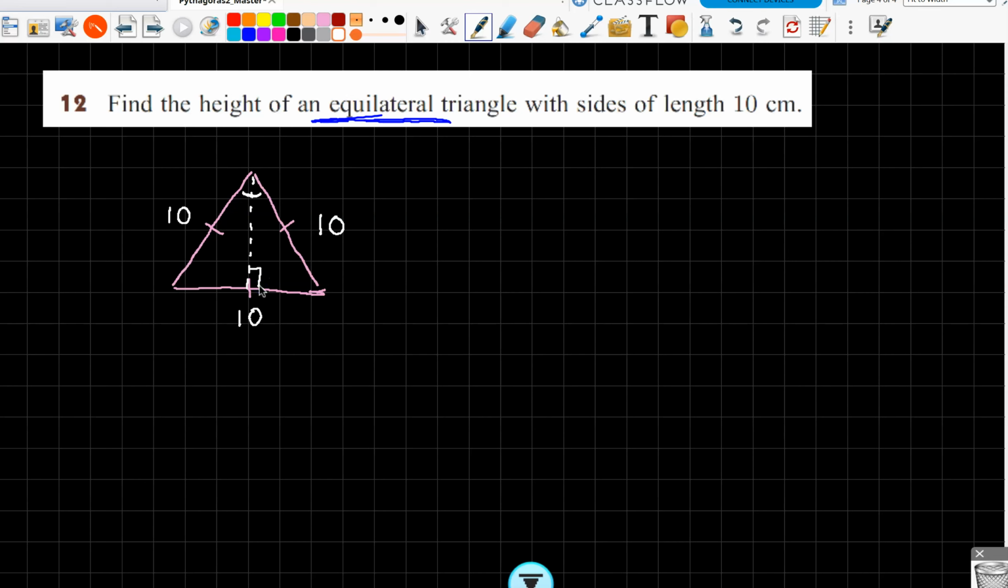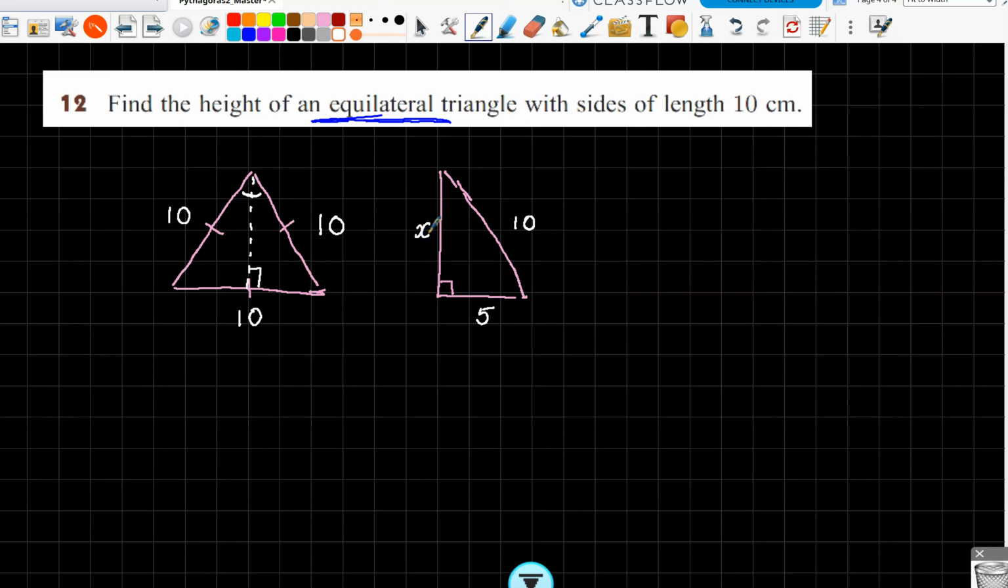Some of you don't need to draw another triangle if you don't want to. I'm all about getting rid of the white noise. And so by that, I mean I now know that this is 10, this is 5, and what am I wanting to find? The height, yeah, which would be that.